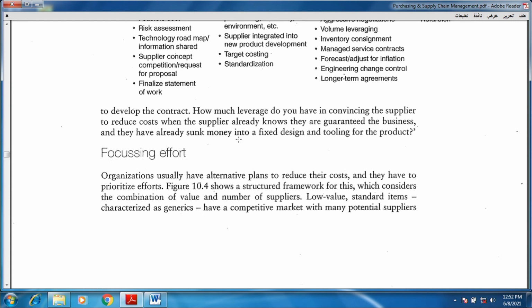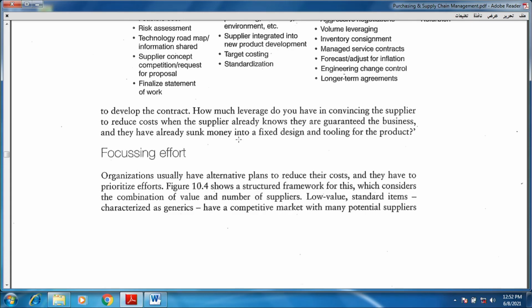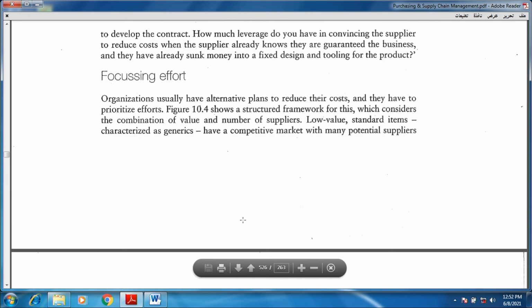So the benchmark companies use the secrets and the abilities of a procurement department to better relations with the suppliers and cost control and reduction of the items or services received, and finally the customer is satisfied and very happy. The second thing we will talk about, the focusing effort.